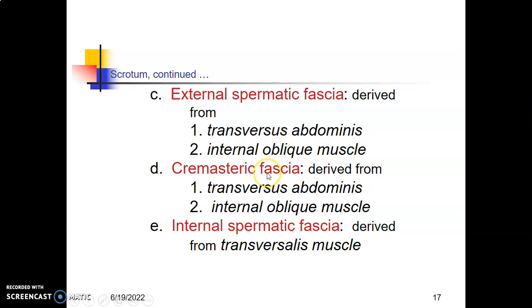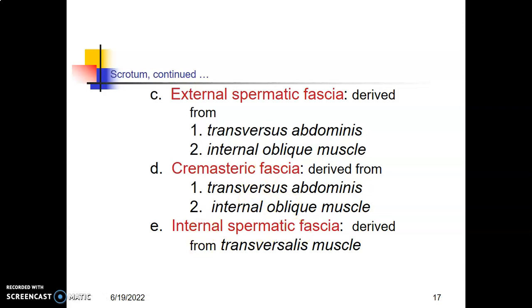Then the cremasteric fascia is from the internal oblique abdominis muscle, while the internal spermatic fascia is from fascia transversalis.